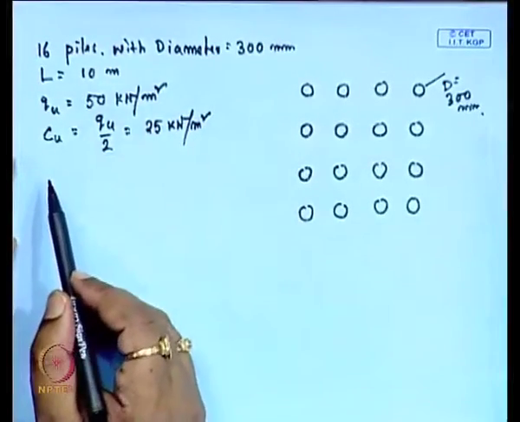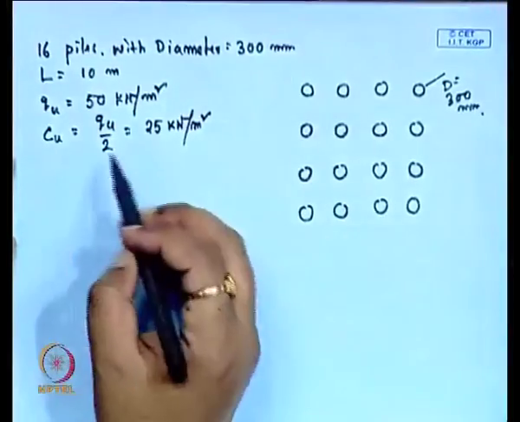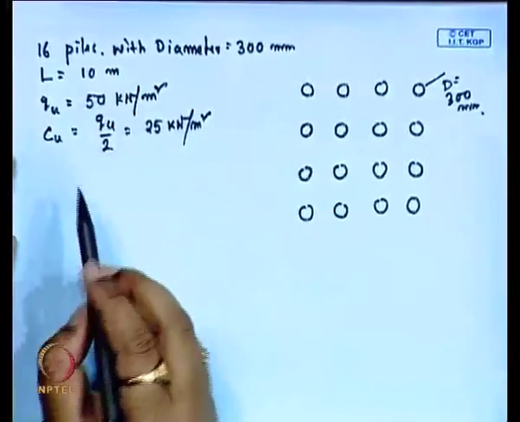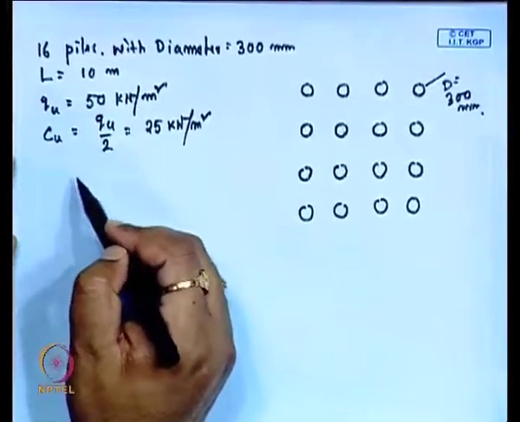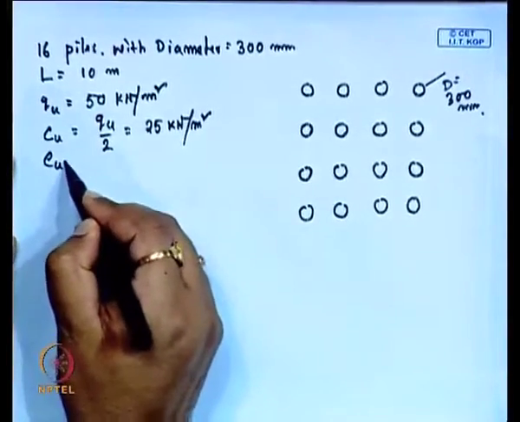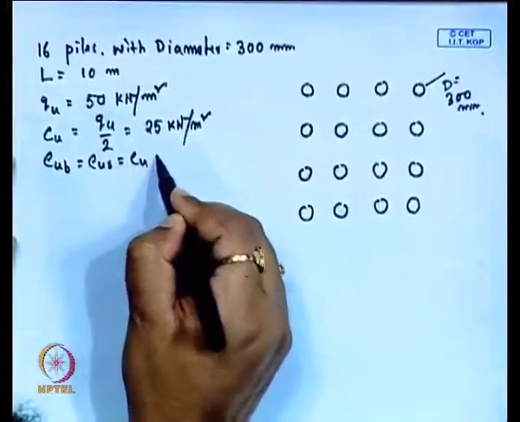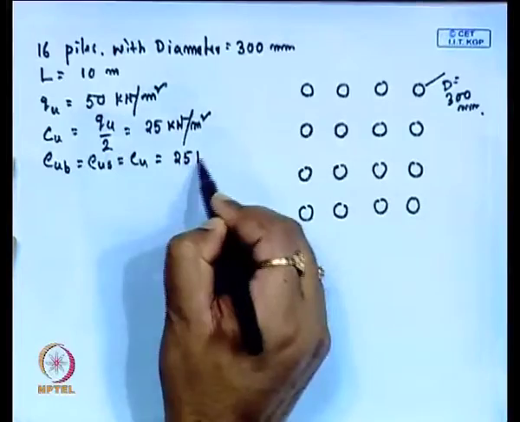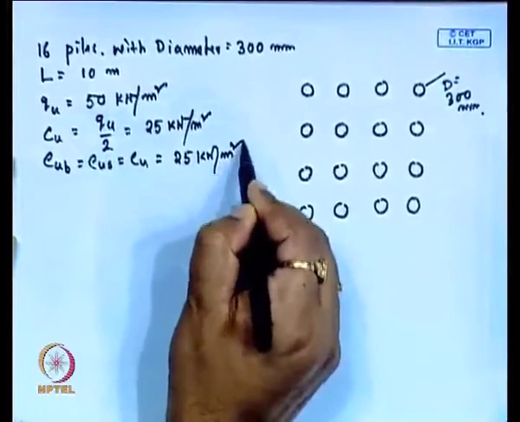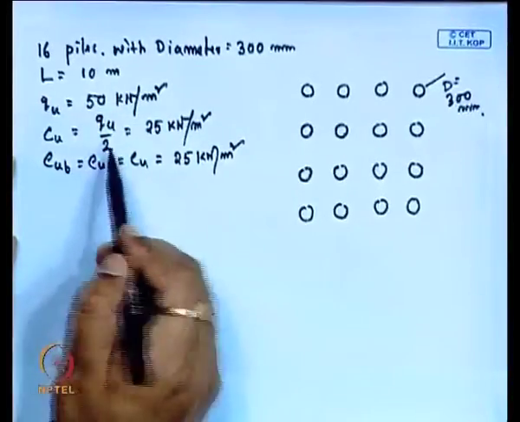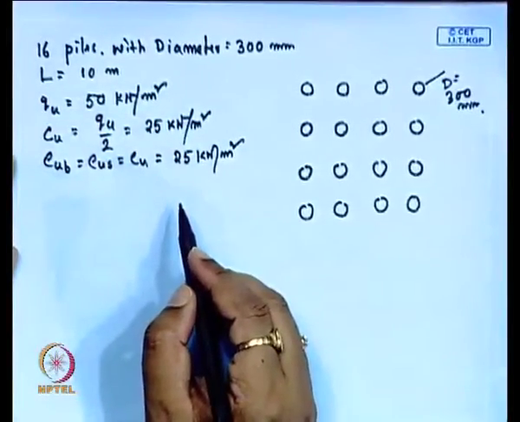We are considering the same CU for the surface as well as at the base. So CUB is equal to CUS equal to CU equal to 25 kilonewton per meter square.